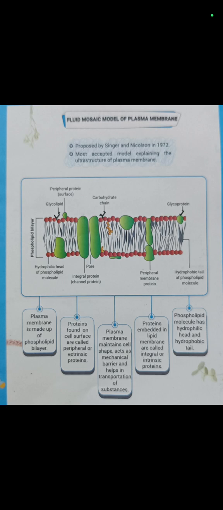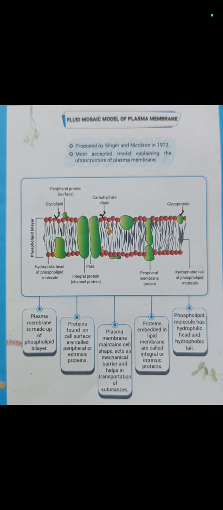Now let's see the plasma membrane composition: lipid and protein are present in a specific ratio, that is, protein to lipid is 52 to 40. And the proteins that are extrinsic and intrinsic are divided on the basis of ease of extraction only.